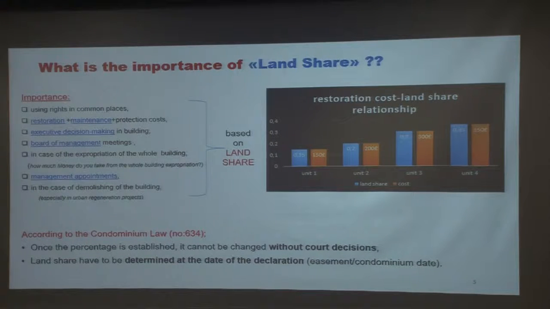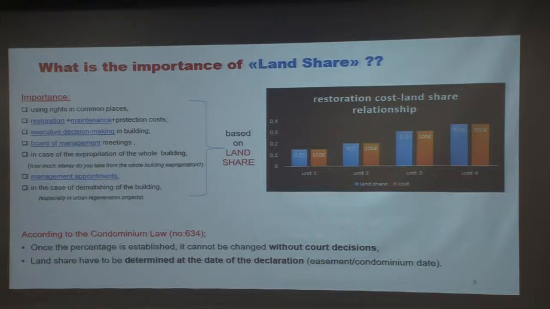What's the importance of land shares? Land shares are very important because the costs of using common places in a building, restoration, maintenance and protection are based on land share. Executive decision making in the building, in the case of expropriation of the whole building, or in the case of demolition of the building, these are based on land share.